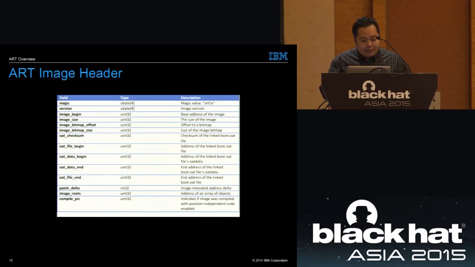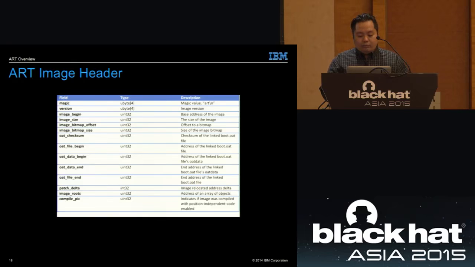It starts with a magic, an art string to mark it as an art file, followed by a line feed, then a version which is currently set to, I think, 12. The rest of the fields describe the linked boot.oat, also a pair, and also have information about the base address of the image and size, etc.